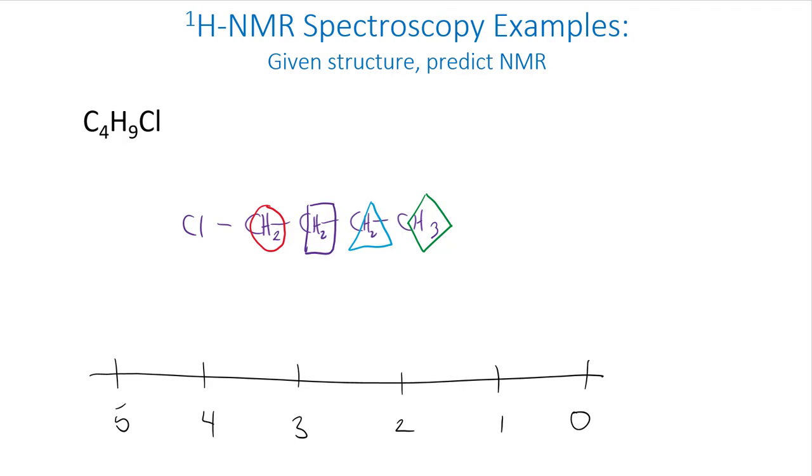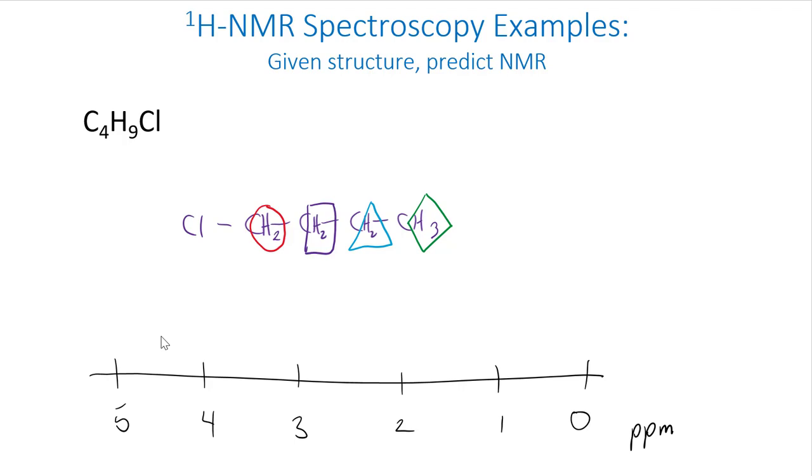If we think about sketching these on an NMR or graph of our 1H NMR spectra, the most de-shielded are going to be the furthest downfield or the furthest to the left, the hydrogens next to the chlorine, and they're going to be somewhere around 3 to 4.